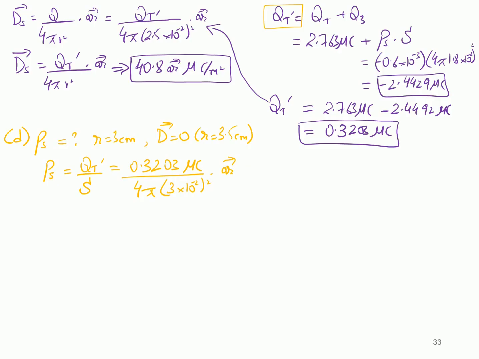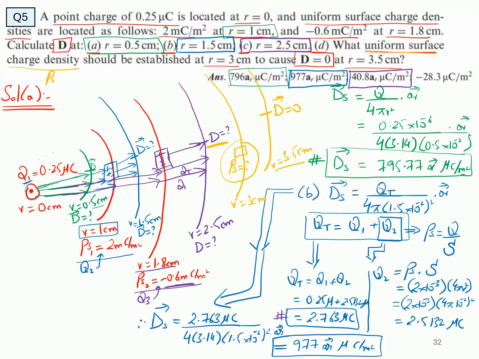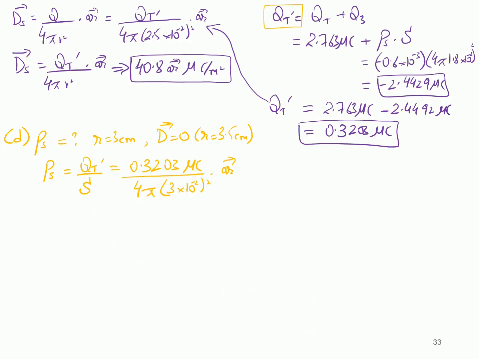But one thing to note here is that we are bound by the question that you need to find the surface charge distribution here at r equal to 3 such that the electric flux density becomes equal to 0 at radius 3.5. So in order to make this electric flux density equal to 0, I need to negate the total charge value. So this should be my negative charge value.